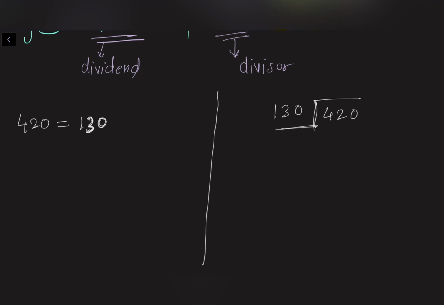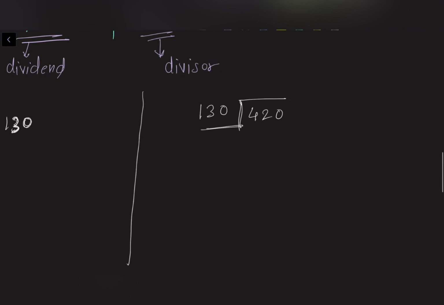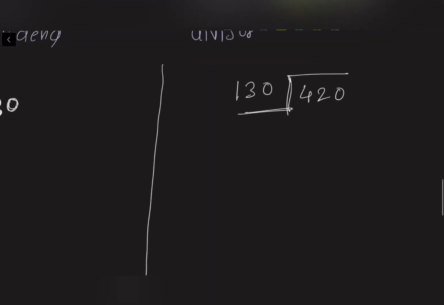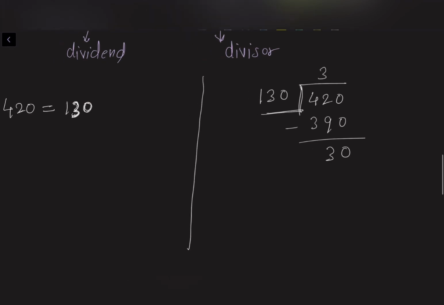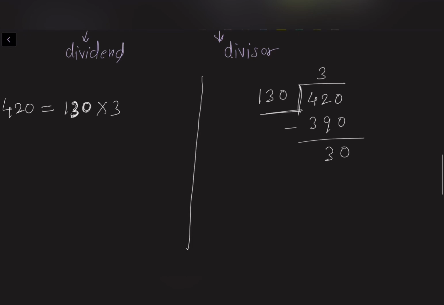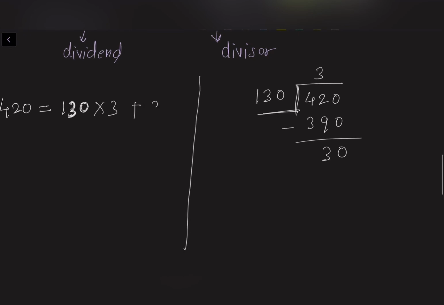So let us do 420. So 130, what should I put? 130 times 3 is 390, right? Yes. What is the remainder? Remainder is 30, correct? So I'll write here also 3 plus what? 30, right?